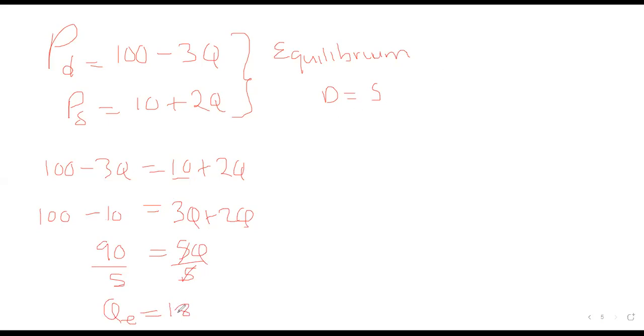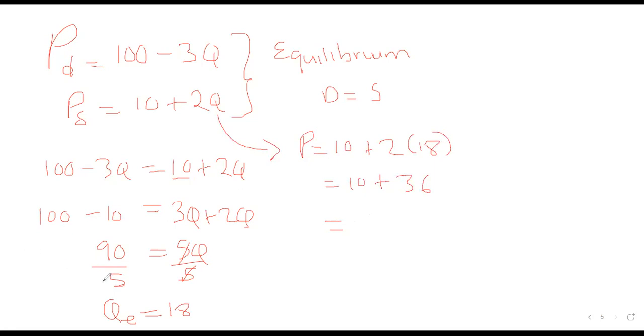And if we're going to substitute this 18 in any of these two, you can even choose this one. Any of the two will give you the same answer. Our price is equal to 10 plus 36. So this is 2 times 18.